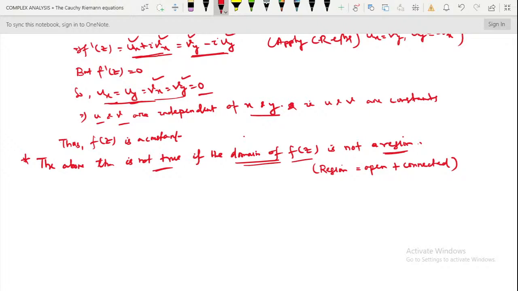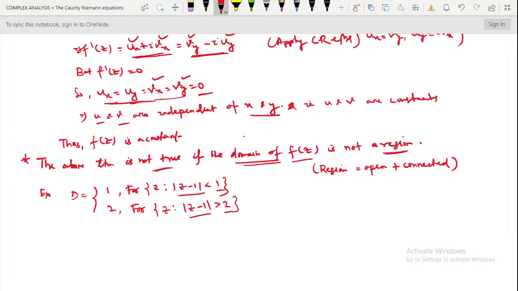Let me take an example. Suppose I take my domain D to be those z such that modulus of z minus 1 is less than 1, and those z such that modulus of z minus 1 is greater than 2.